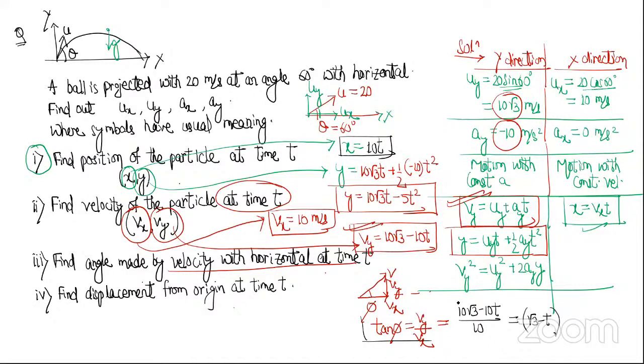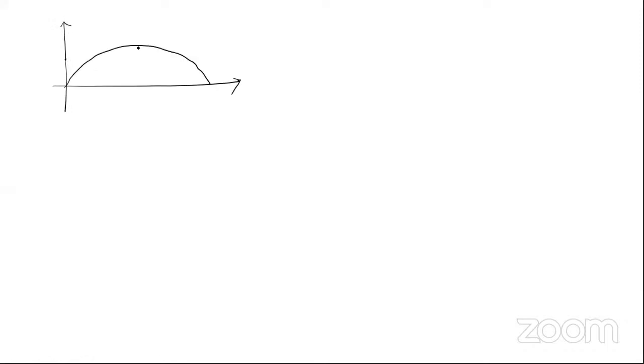Achha, now the question is to find displacement. Displacement means the shortest distance. It's like the particle goes like this. At some point, let's say it's here, x comma y. What is the displacement?